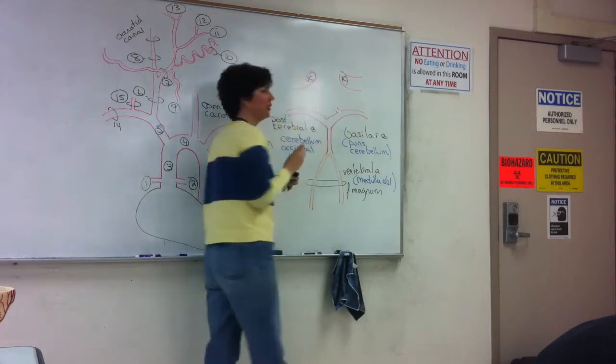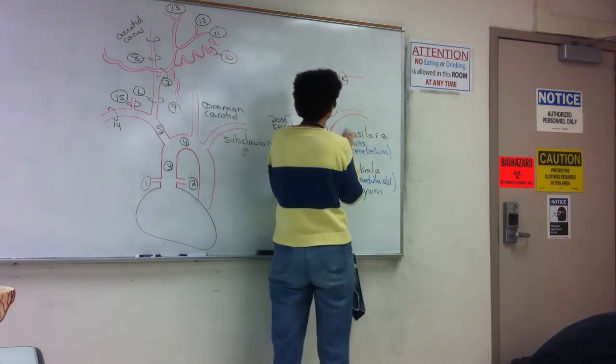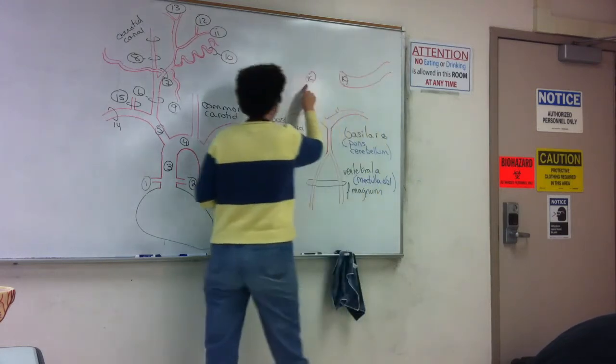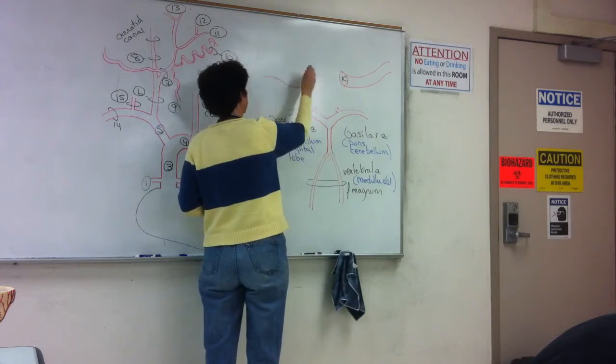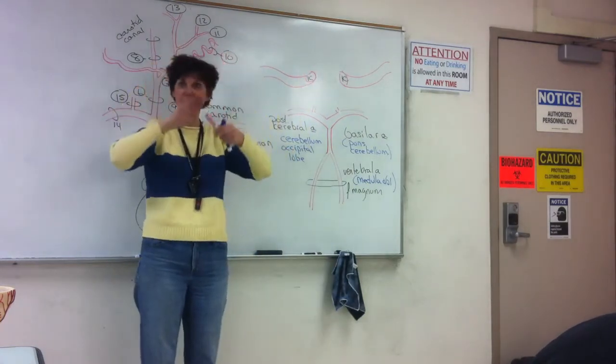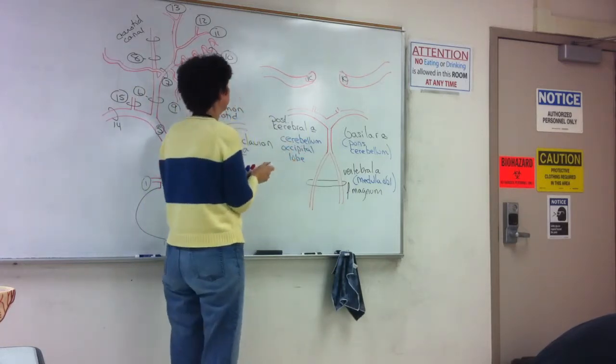IC stands for internal carotid. And the largest branch of the internal carotid passes out via the lateral sulcus out to the surface of the brain. Most of the brain tissue is supplied by the middle cerebral arteries.